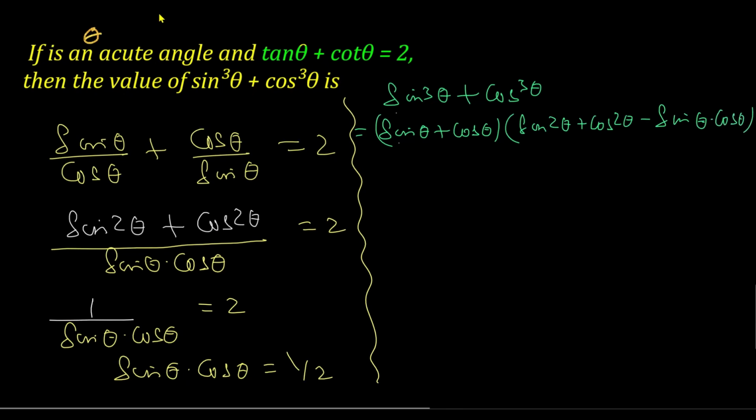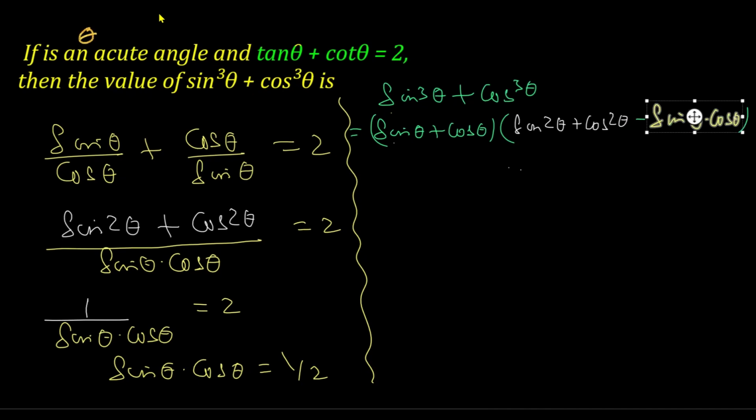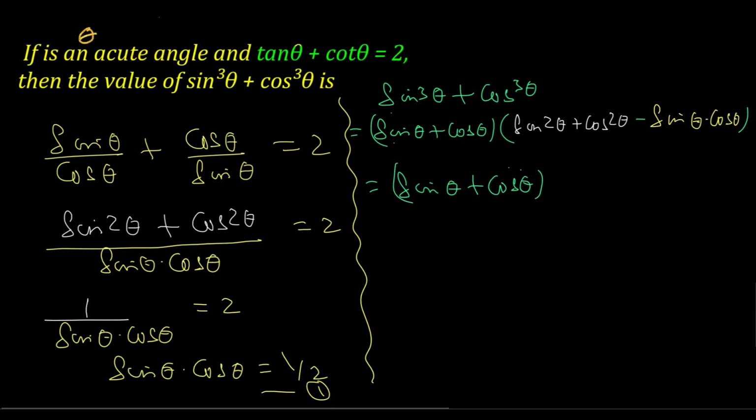Now what else you can do? Once again, here you can see sine square plus cos square is there, which can be replaced with 1. And we know the value of sine into cos, which we have already obtained from equation 1 as half. So let's first plug in the value. As of now, we don't know the value of sine theta plus cos theta, so let's keep it as it is.